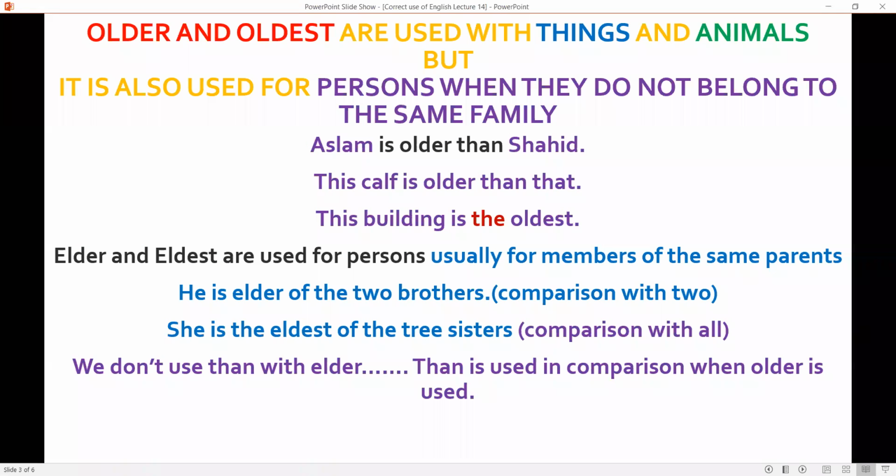Now we will see how we can use these words accurately.